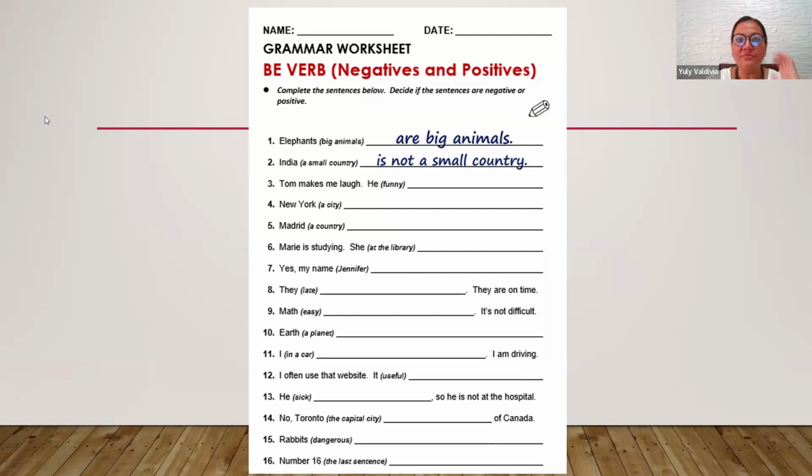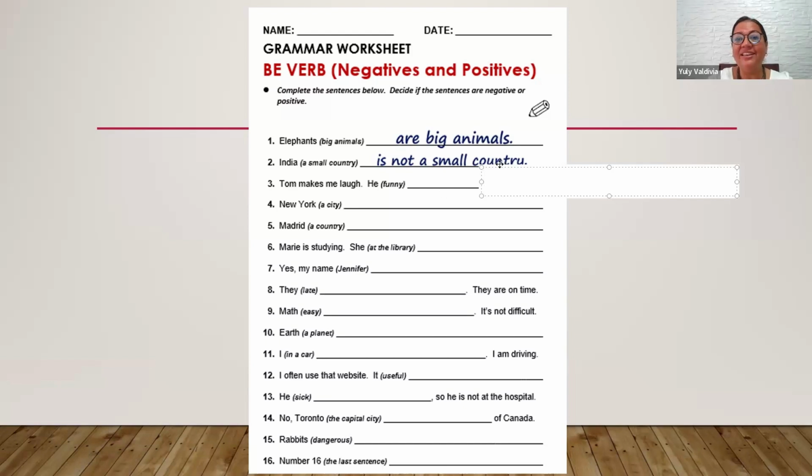So we have to do number 3. It says, complete the sentences below. Decide if the sentences are negative or positive. Okay, so let's see. Number 3: Tommy makes me laugh. Yes, me hace reír.